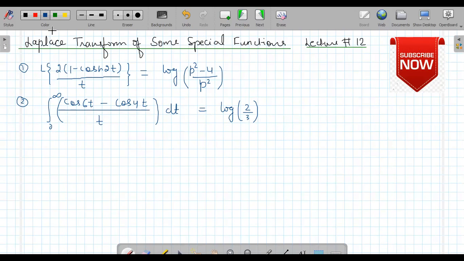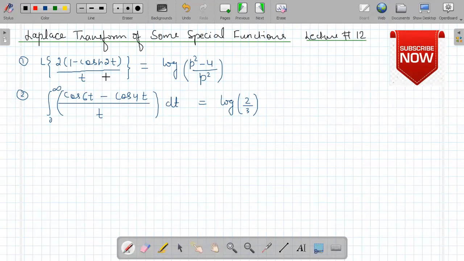So let me start the lecture of today, which is Laplace transform of some special functions. In special functions, the very first function that I would like to take is periodic function.